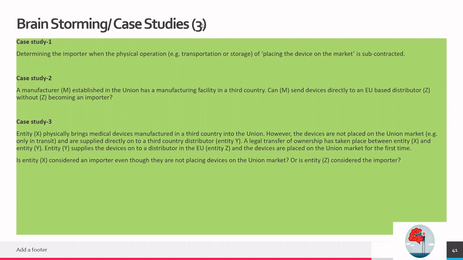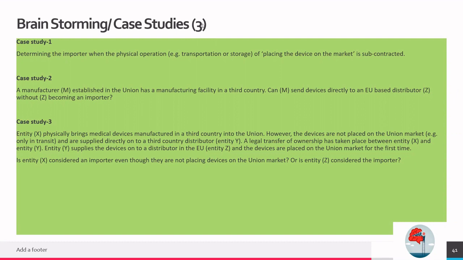If the manufacturer is established in the union, but its devices are produced at its manufacturing site located outside the union, the manufacturer is considered the entity placing the product on the union market, even if the actual importation of the product is done by another company. So in this case, because the manufacturer is established in the union, there is no importer within the importer's definition under the regulation, and Z is acting as a distributor.